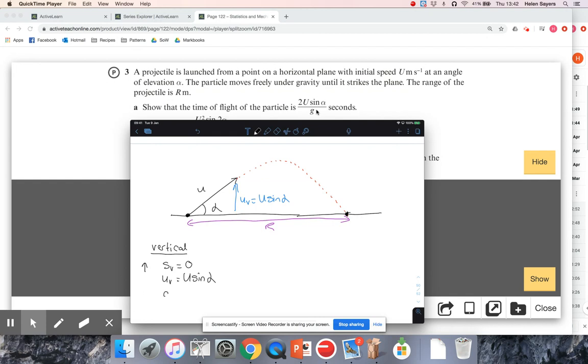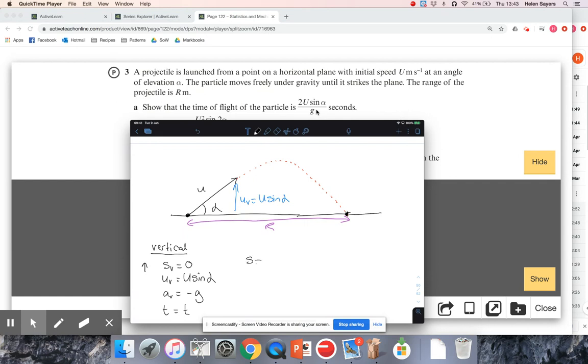I know the vertical acceleration is going to be due to gravity, and if I'm taking up as positive, it will be minus g. And I'm after the flight time. Because t is the same whether I'm talking vertically or horizontally, I'll just call it t. I don't need to use a subscript. Okay, so what am I going to use for those?